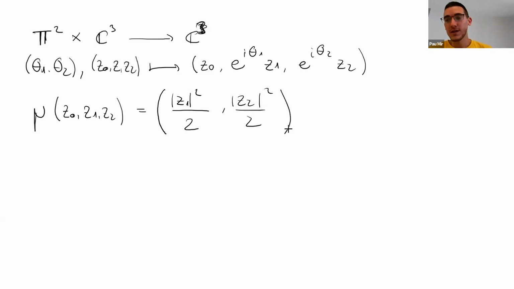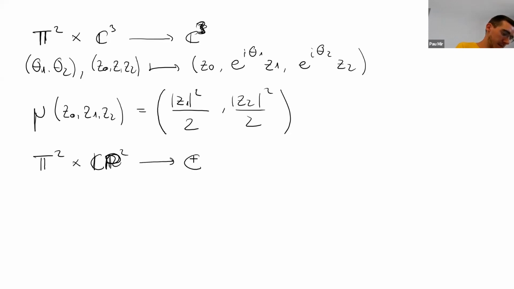What happens if we work on the complex projective plane and do it in complex coordinates? It is quite similar to what we have here, but now we don't work with the coordinates of C3, but the coordinates of CP2, with this rotation on the homogeneous coordinates.